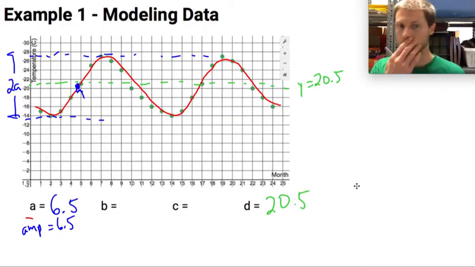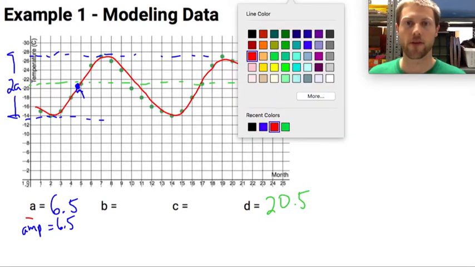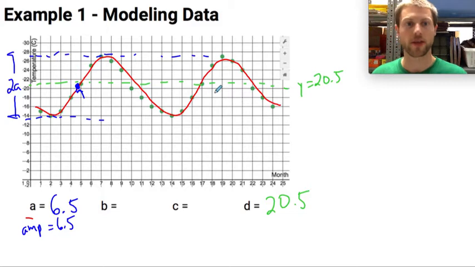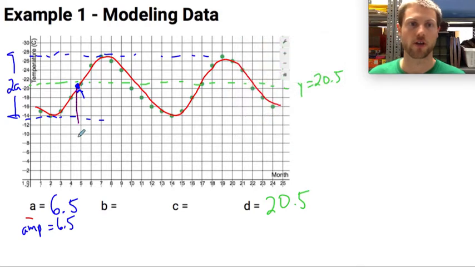All right, now let's talk about period and the phase shift. The period, believe it or not, is a little bit simpler than it might seem, because we know that this data models a 12-month interval. So the time between where I start my wave and when it starts to repeat itself should be one period, which in this case is 12 months.